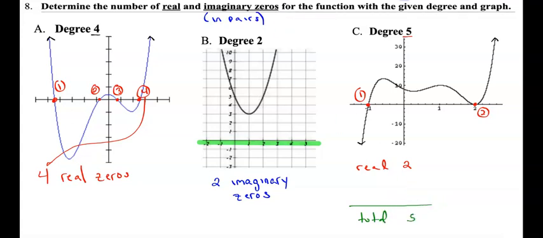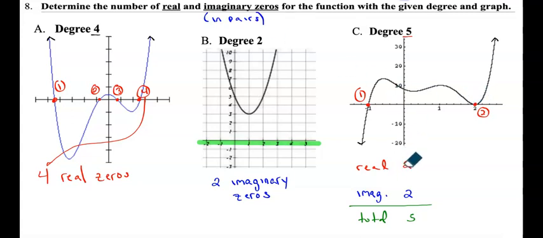So if there's 2 real and I need a total of 5, then how many imaginary are there? Well, 2 plus 3 would be 5, but remember, imaginary zeros don't come in multiples of 3. They only come in pairs. So I can say there's 2 imaginary, but that would only give me 4. So if there's only 4 here, then one of these zeros, whether this zero here on the left or one of these zeros on the right, one of these must have a multiplicity of 2.